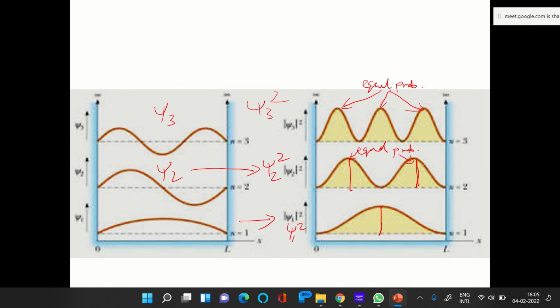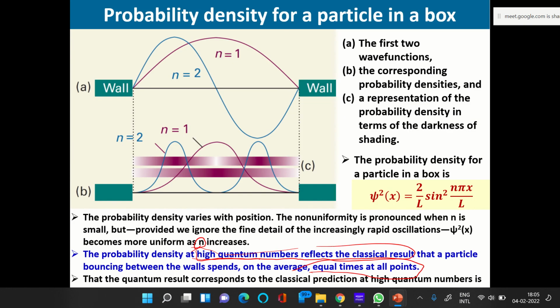The particle can be found anywhere at any given point. So that is a classical result. So at high quantum numbers, we are able to correlate with the classical results shown by classical mechanics. So this is again the correspondence principle that we can think of.